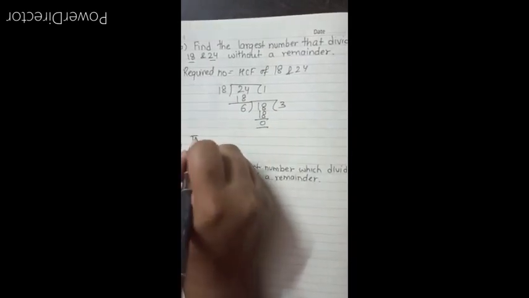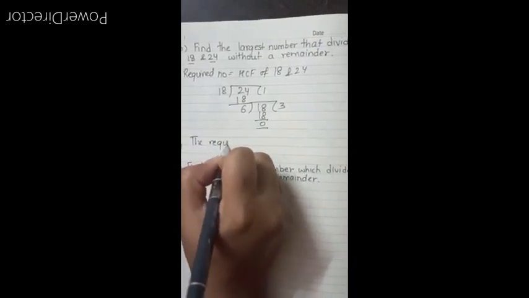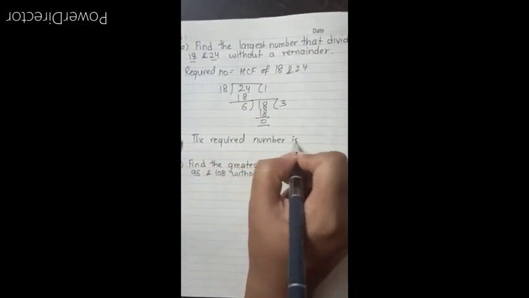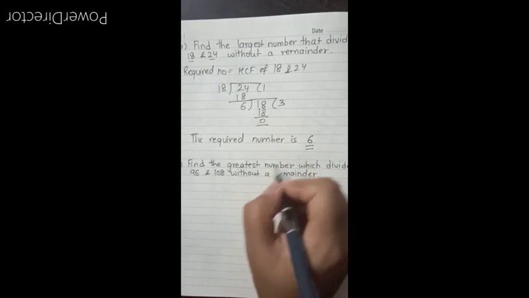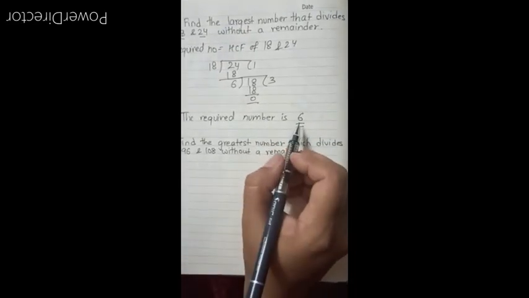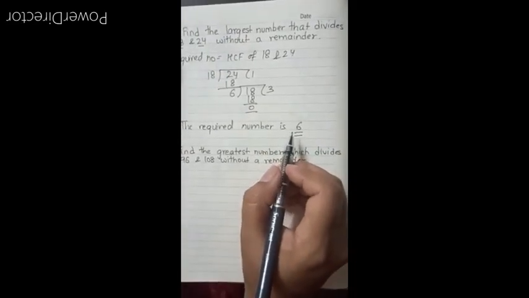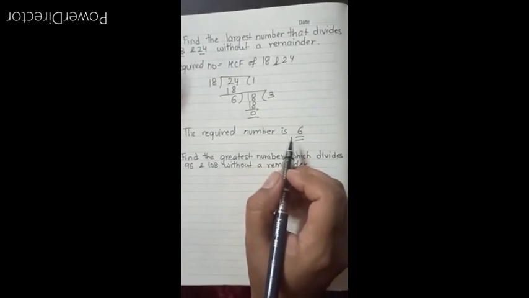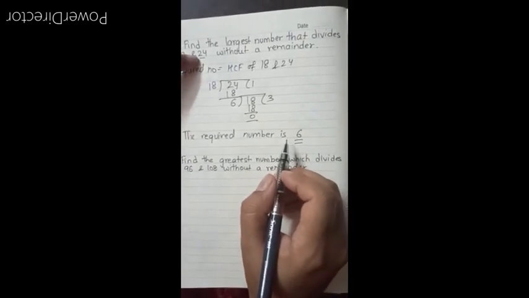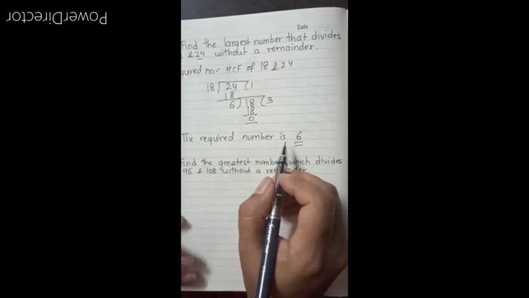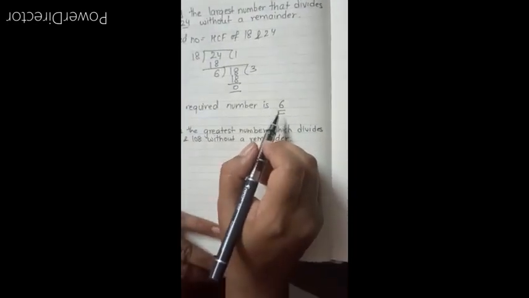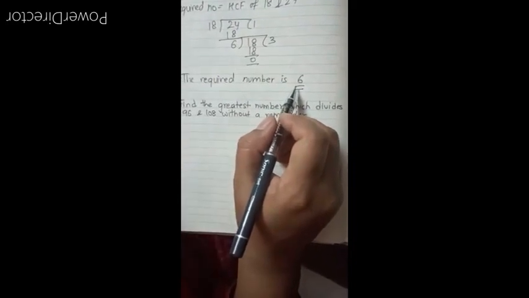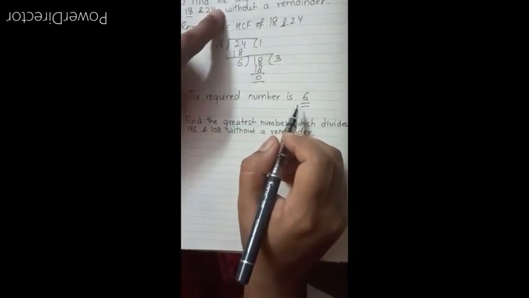So the required number is 6. You can check it also: if I divide 18 by 6, we will not get any remainder. If I divide 24 by 6, again we will not get any remainder. And this is the largest possible number. We don't have a larger number which will divide both these numbers.